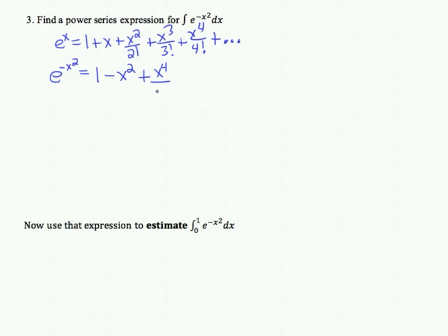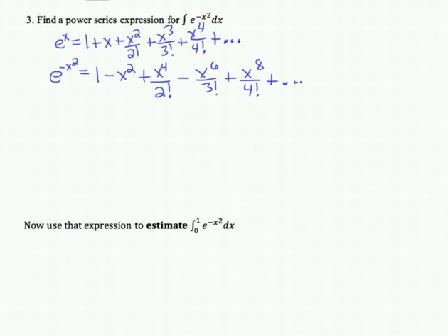And that's going to still be over 2 factorial, and then negative x squared cubed gives negative x to the 6th over 3 factorial, and I think you can see the pattern is that it's alternating, so this is going to be 8th, 2, 4, 6, 8, and we're just going to maintain the same factorial expressions on the bottom. So there we go, we've got the integrand expressed as a power series.